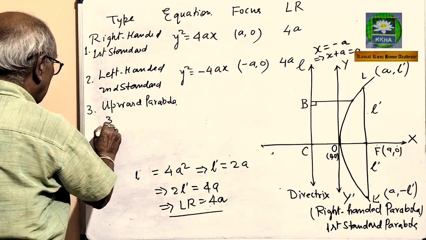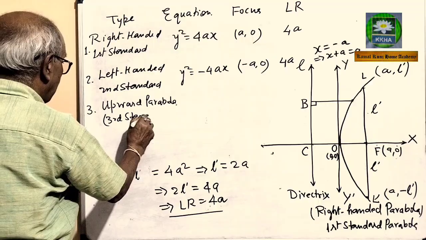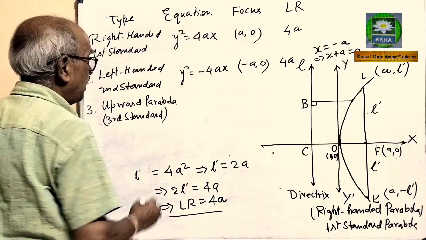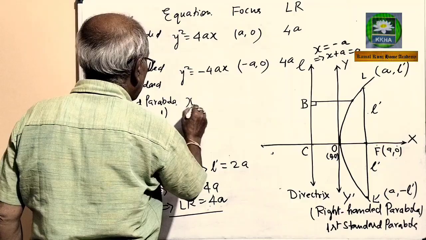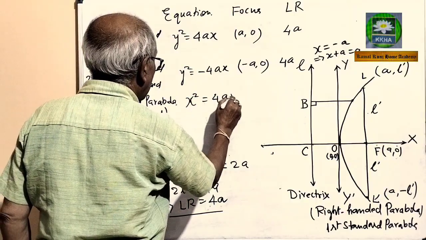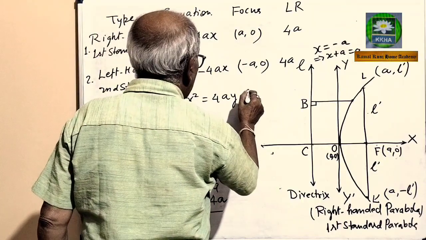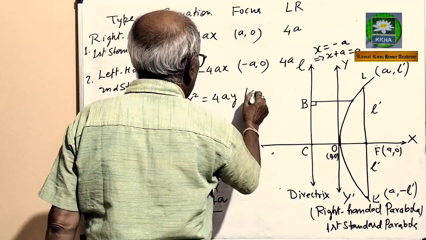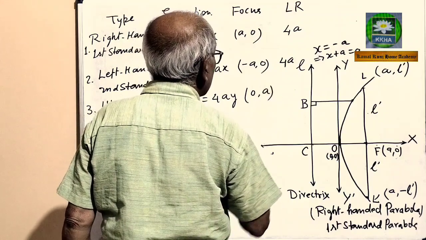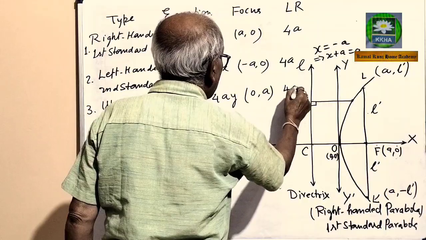It is called the third standard parabola. Equation will be x square equal to 4ay. Focus will be (0, a). The latus rectum will be the same, 4a.